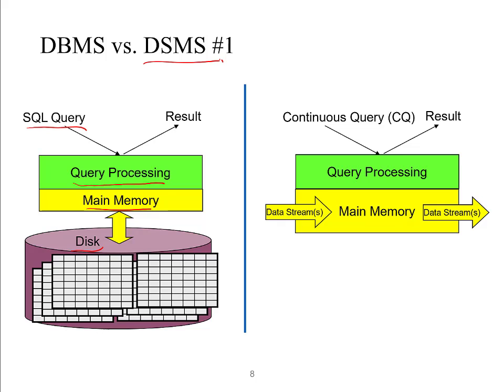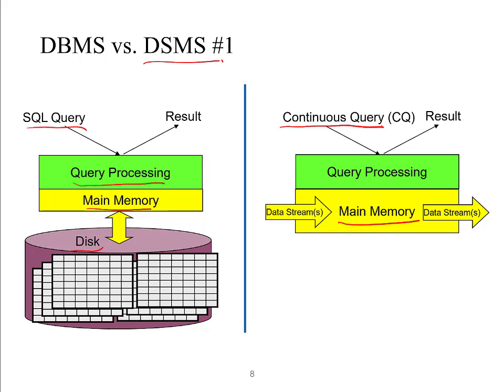But for the DSMS, you can think of the model like we don't have the external memory. We only have the main memory here, and the data streams come and go. You can't keep all the data in the main memory because the memory is limited. And the query is continuous.